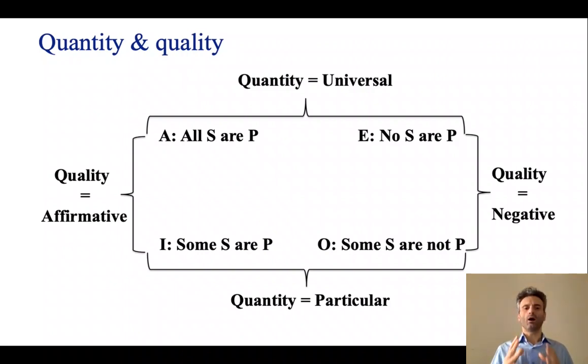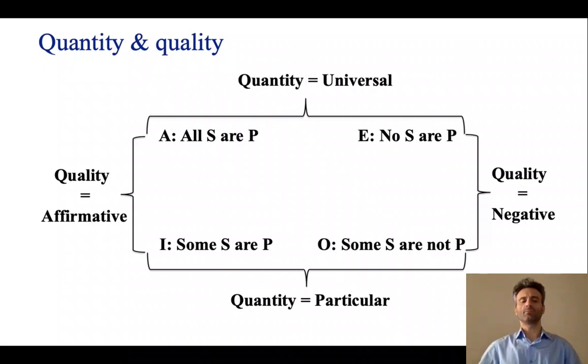When I say that all members of S are members of P, I make a universal statement because I'm talking about all of them. Also, when I make a statement of the E form, I'm making a universal statement because I mean that no, not even one S is P. No S are P.